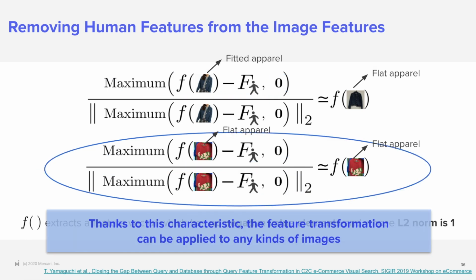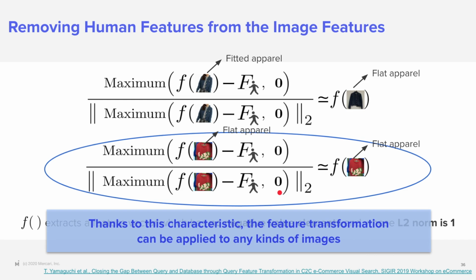For the feature vector of flat apparel, the original vector is preserved even though the same human vector subtraction is performed. Thanks to this characteristic, the feature transformation can be applied to any kind of image, no matter whether the input image is apparel or non-apparel, fitted or flat.